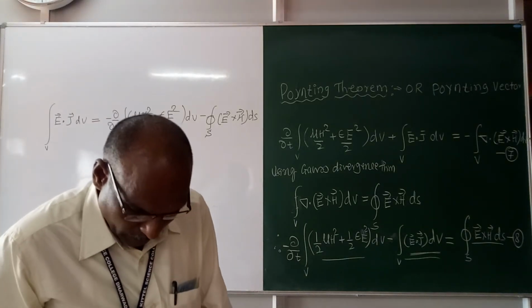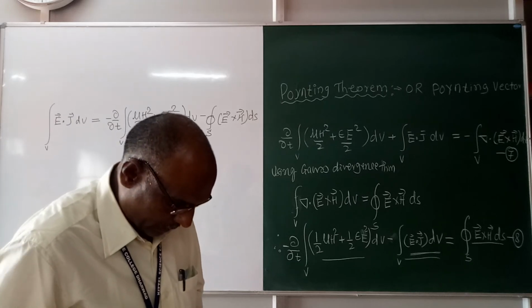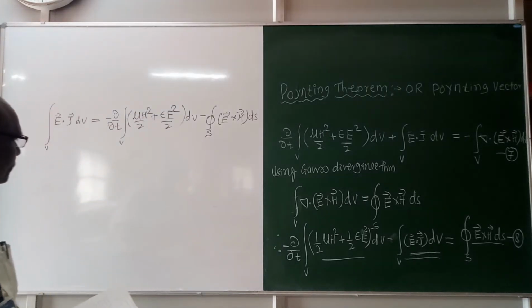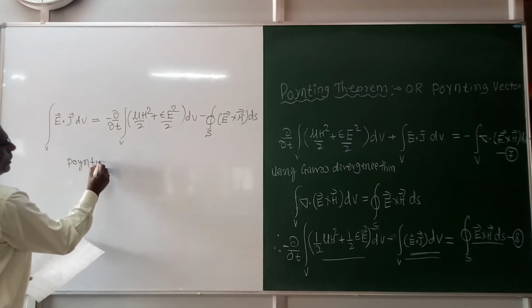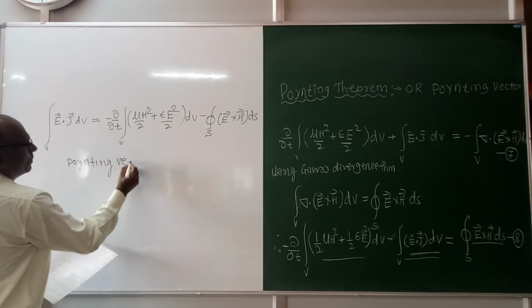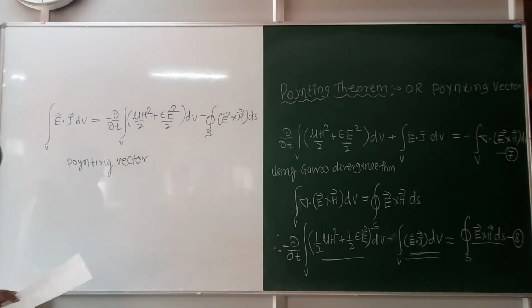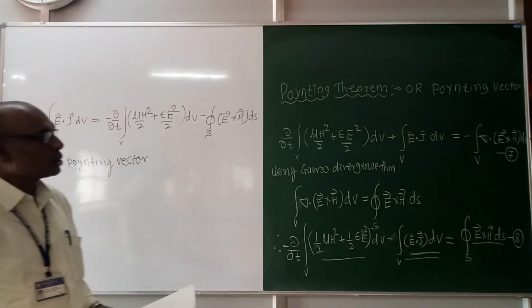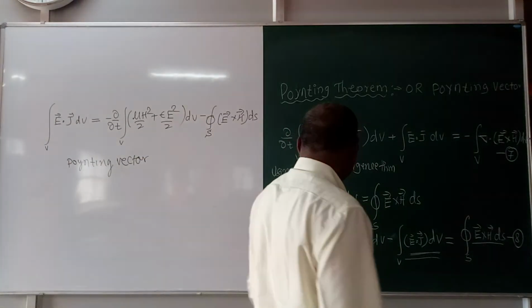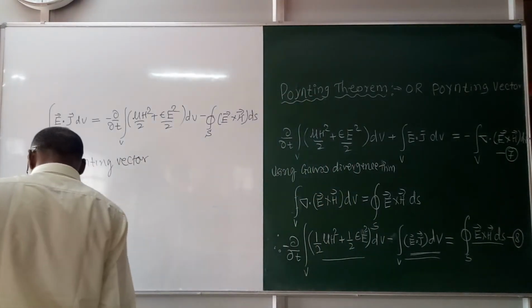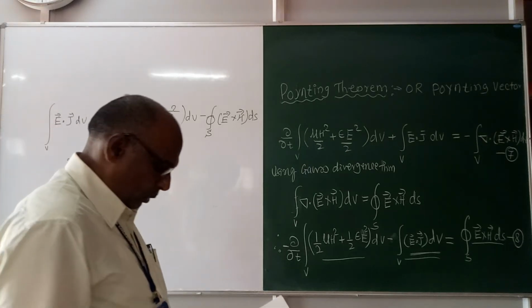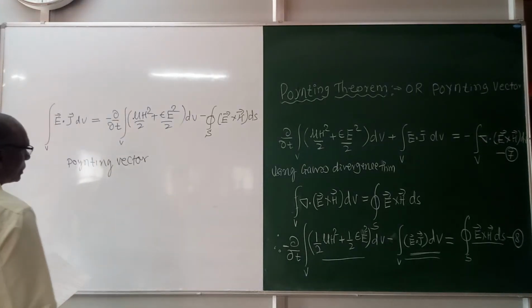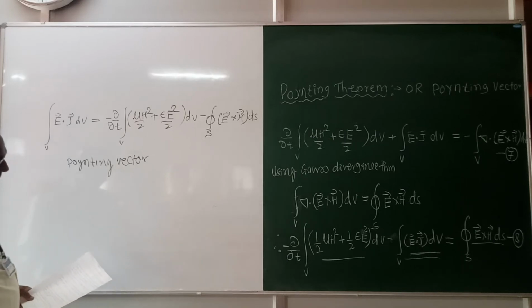Now what is this Poynting vector? The rate at which the energy is transmitted through unit area perpendicular to the direction of propagation of energy is called the Poynting vector.